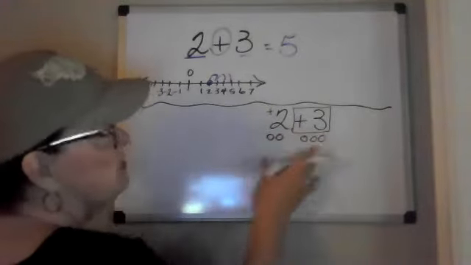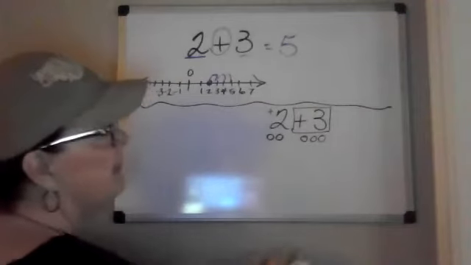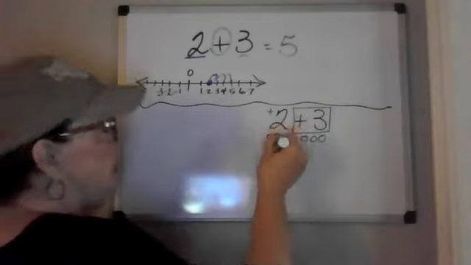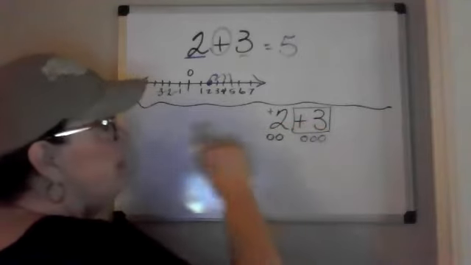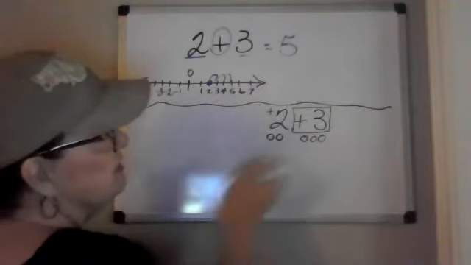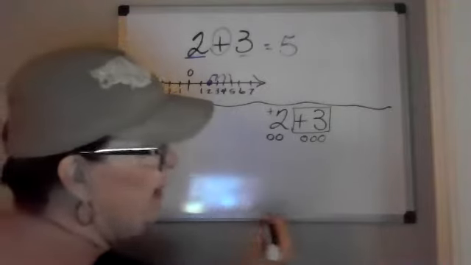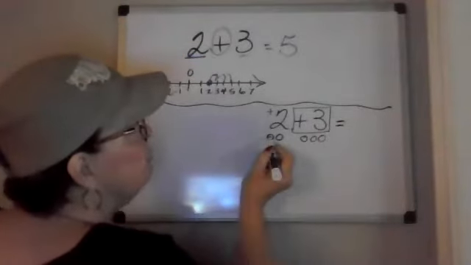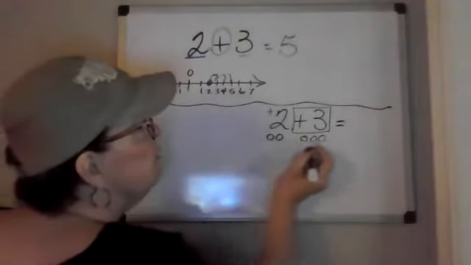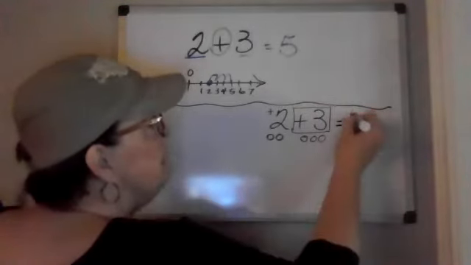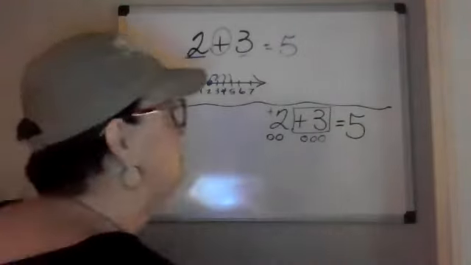If there were opposites, and we'll do that in the next problem, then we would cross out a positive that matches a negative and take that away. But since there are no negatives to deal with here, we only count what's here. There are 1, 2, 3, 4, 5 discs, and they were all positive. So the answer is a positive 5.